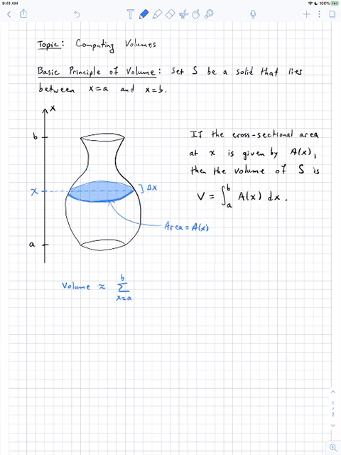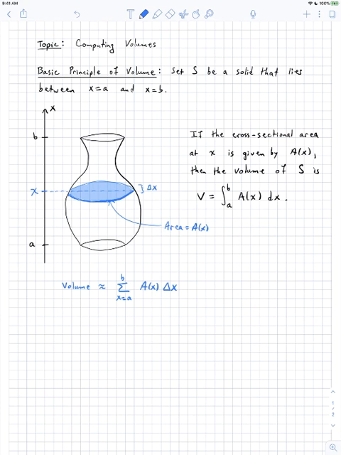Now, what is the volume of a cylindrical region? It's the area of the base times the height. The area of the base is A(x), and the height is delta x, which is a very small width or height.